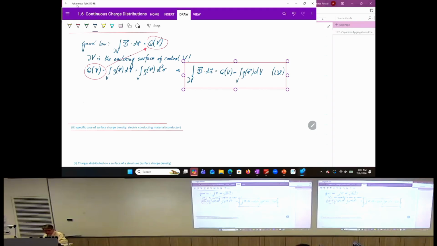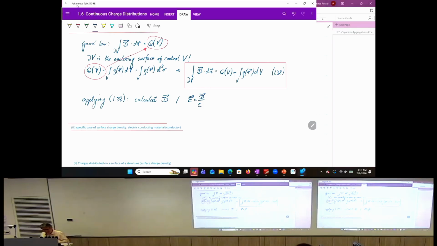So why is this very useful, amongst other things? With this formulation, we can easily calculate the displacement field or also the electric field, because they are always tightly interrelated, from an arbitrary given space charge density. If we apply equation 1.32, we can calculate either our D field or our electric field, which is the displacement field divided by the permittivity.